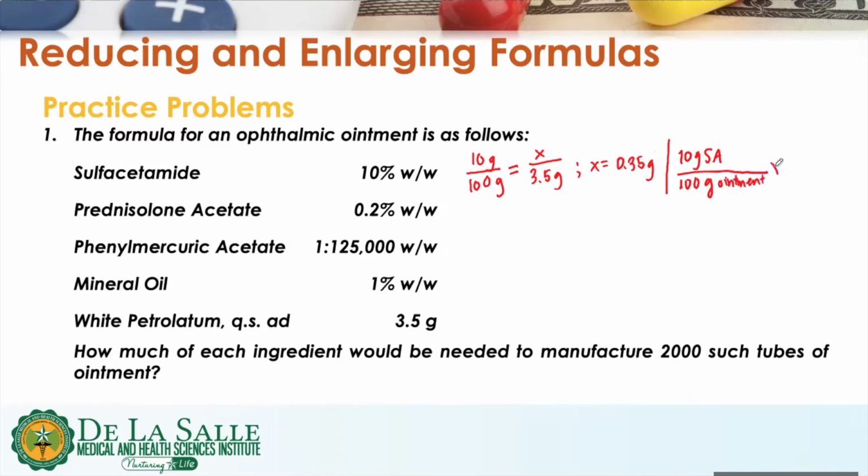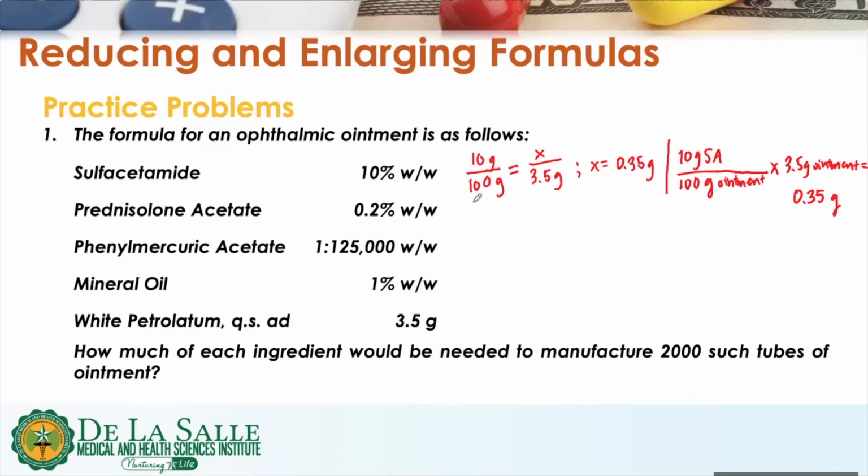We will simply multiply the weight of each ointment to determine the amount of sulfacetamide in one formulation. And we get the same answer, 0.35 gram of sulfacetamide.